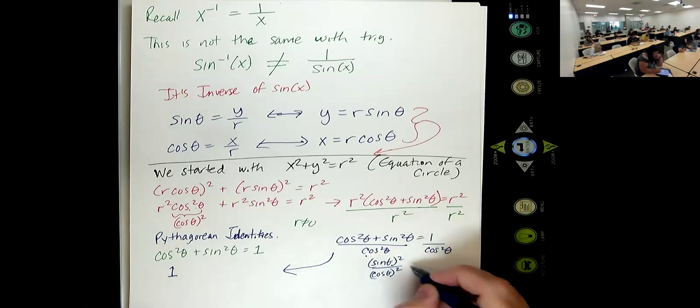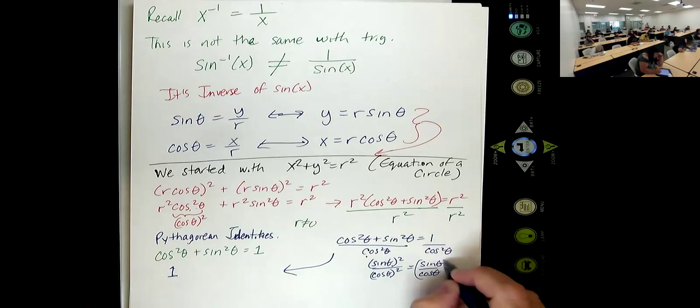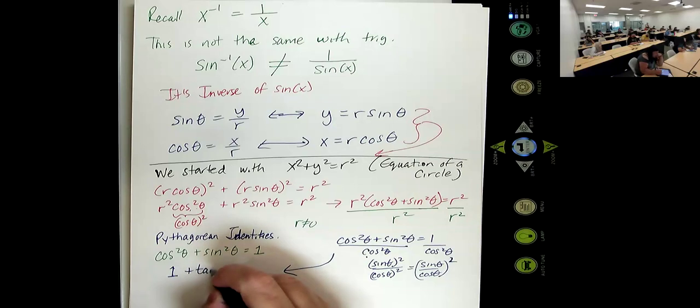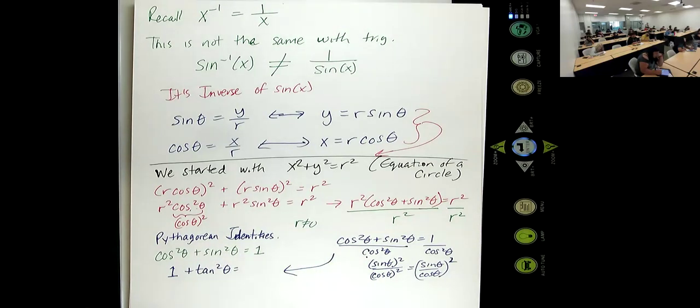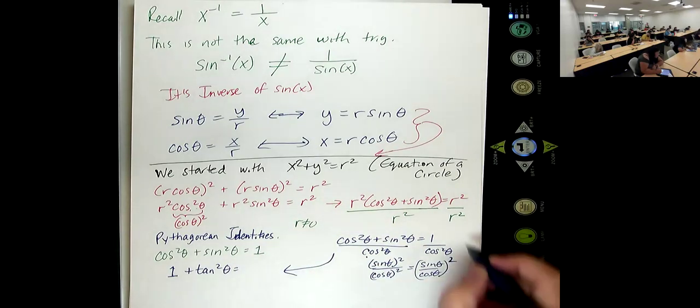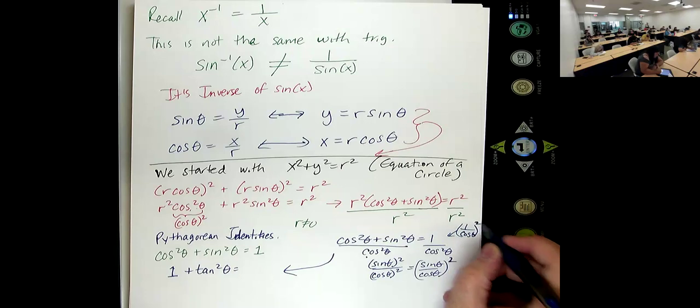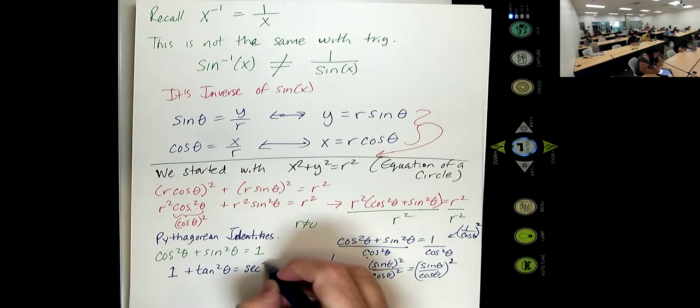Well, that's just the same thing as sine over cosine, squared. So that part's tangent squared. And 1 over cosine is secant. So 1 over cosine squared ends up being secant squared.